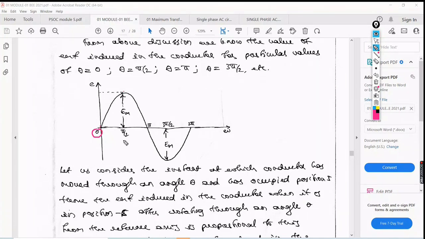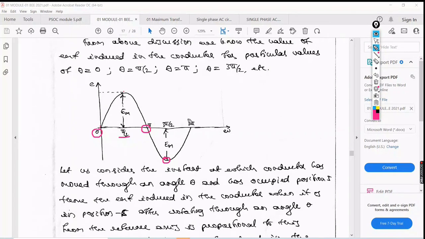If it is 90 degree, the voltage induced will be maximum. If it is 180, the flux linking with the conductor will be 0, then voltage will become 0. Then at 270, which is negative, it will also be maximum.